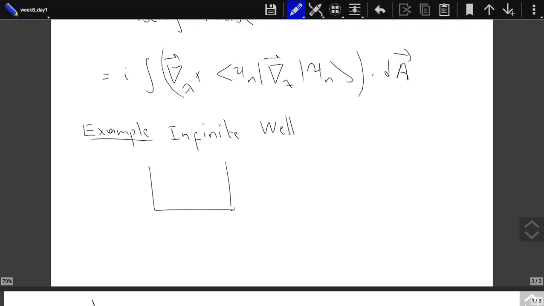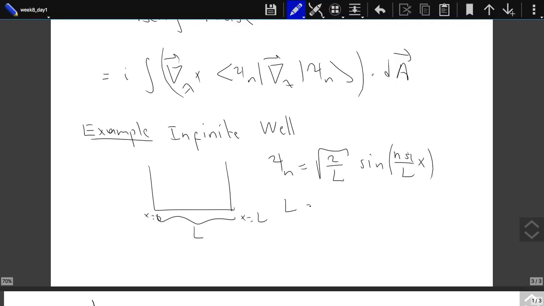We have this infinite well, which is of length L. We already know what the solutions are. Psi n is nothing but square root of 2 over L sine n pi over L x. So this is x equal to 0, this is x equal to L. And then we can imagine that L is a function of time.